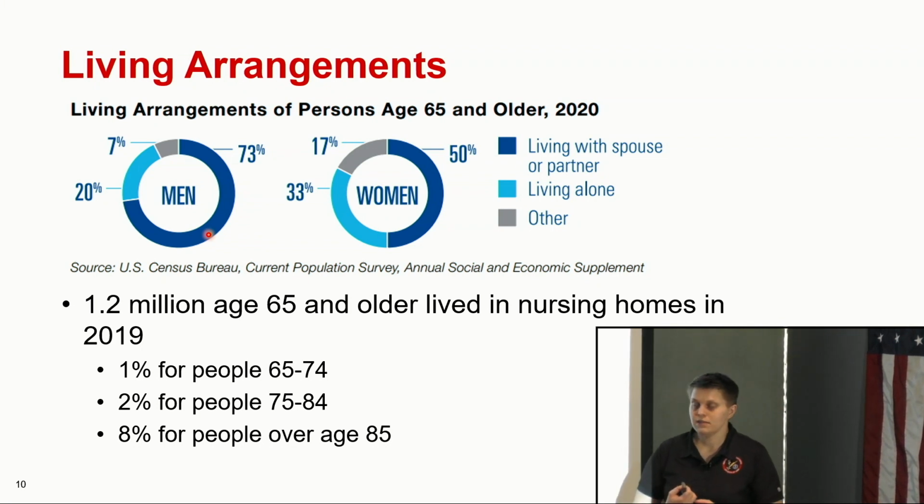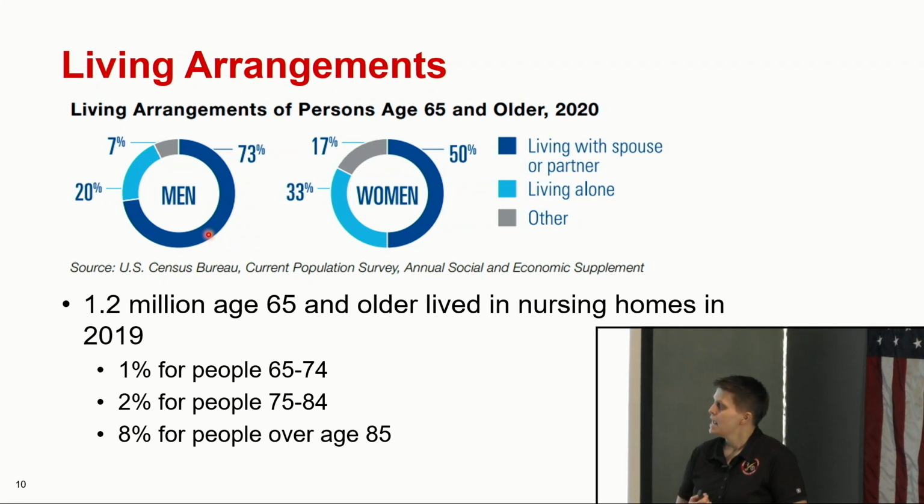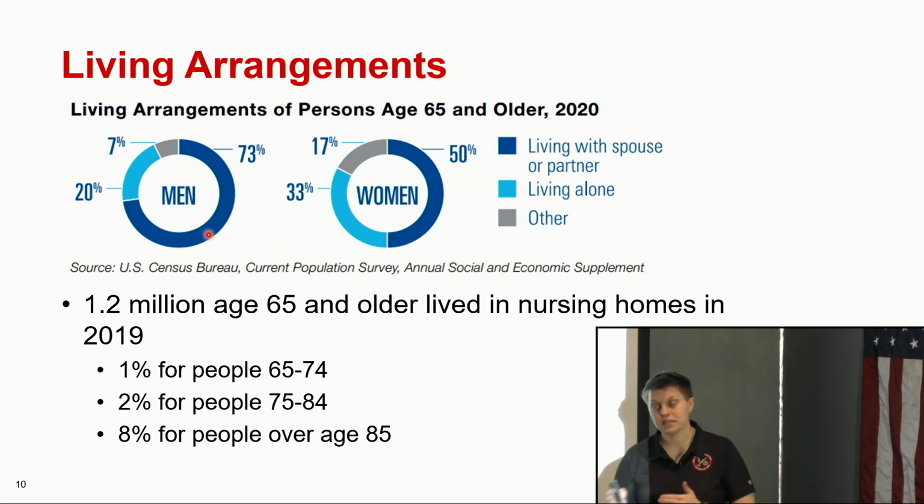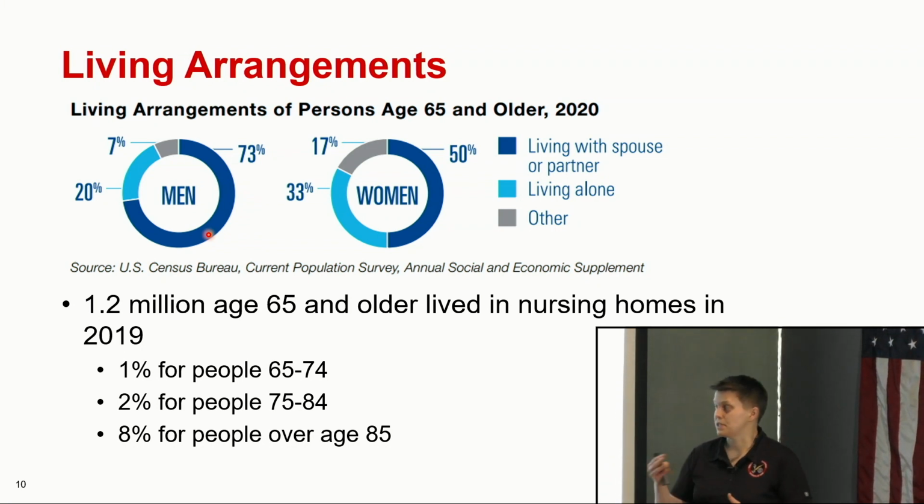More women than men live in nursing homes. And as you get older, it's more likely that you're going to live in a nursing home. So 1% of people ages 65 to 74 live in a nursing facility, 2% if you're 75 to 84, and that jumps up to 8% for people over the age of 85.